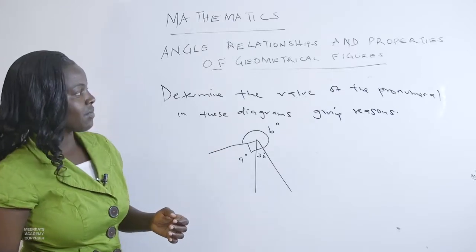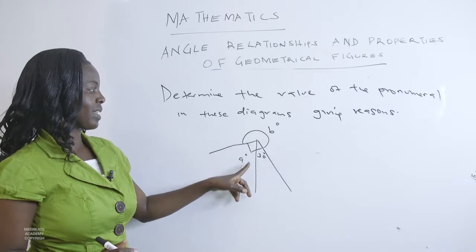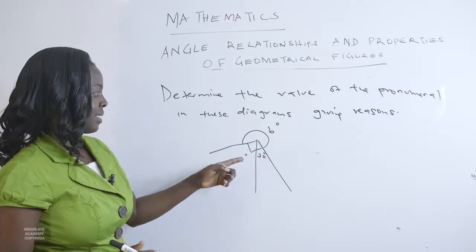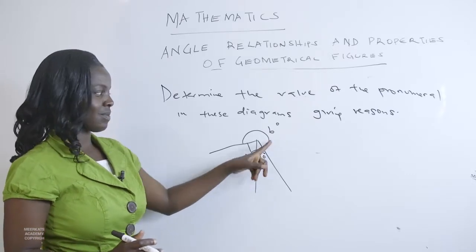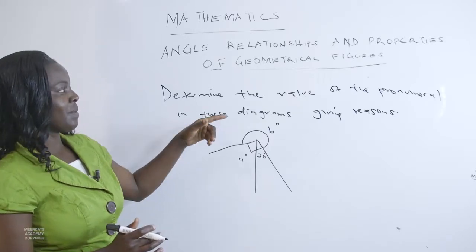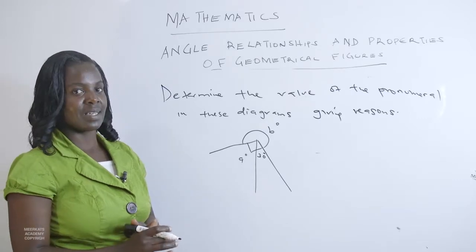Determine the value of the pronumeral. Pronumerals are these letters here that represent the value or the measurement of this angle. We call them pronumerals because they represent numbers. So determine the value of the pronumerals in this diagram, giving reasons.